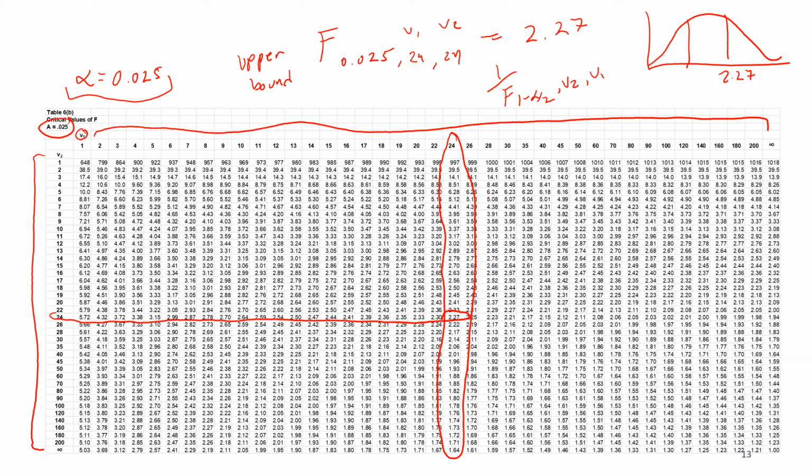The key thing here is to switch these two values. In this case, it works perfectly because they're both 24. Now, we already know what our bottom portion is. So it's going to be 1 over 2.27. So this right here is what goes underneath. Now, what we're going to be left with is 0.44. So this is our lower bound.